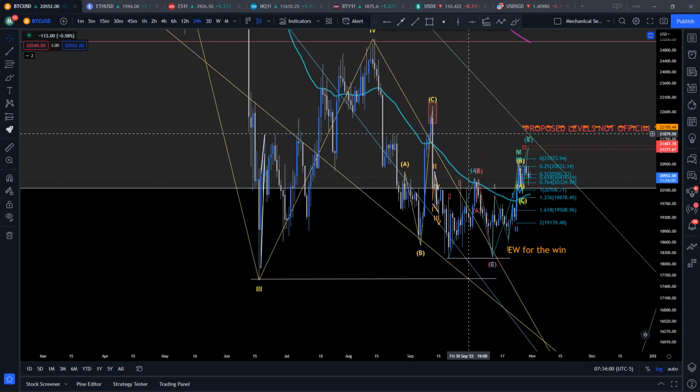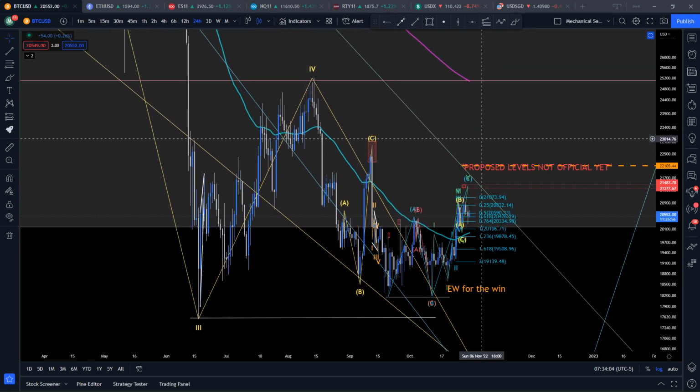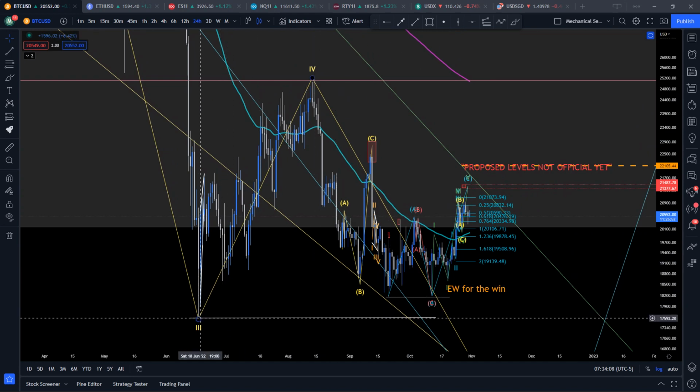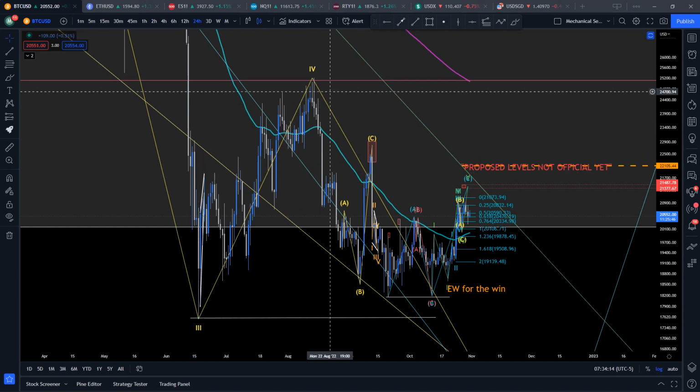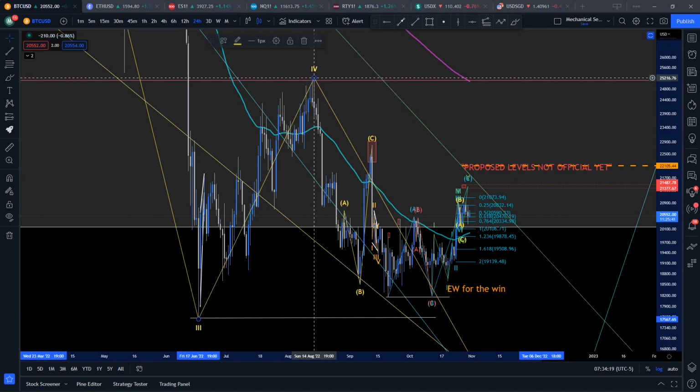And what does that mean for cryptos? On the daily, we're in a bearish sequence, and in Bitcoin, from the June lows, we corrected the sequence, put our 4 in place up here.